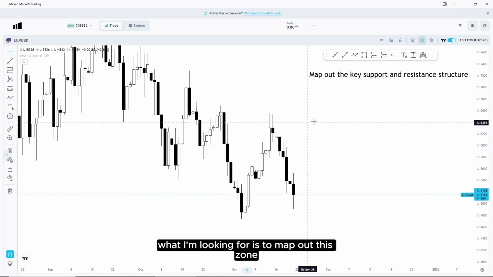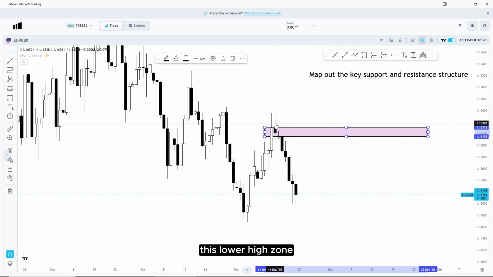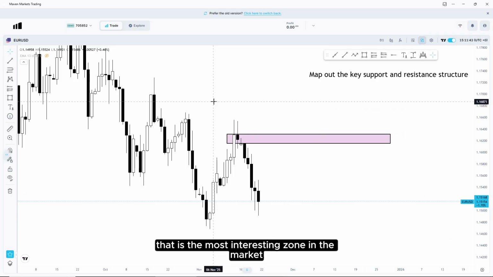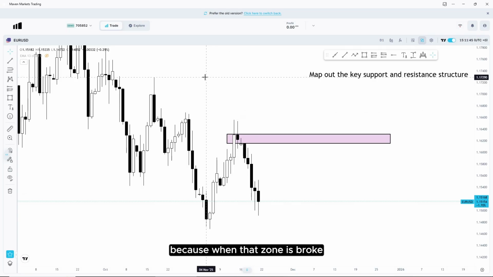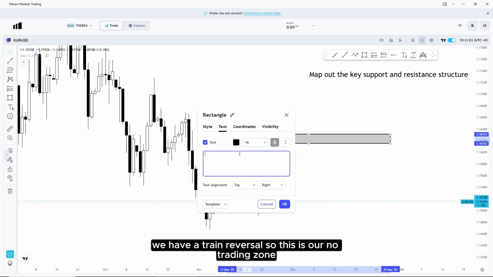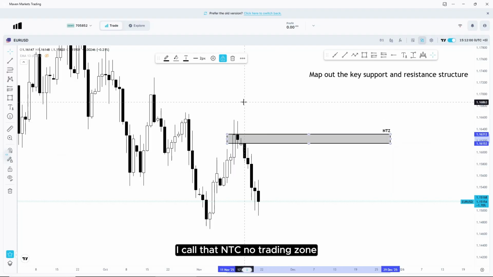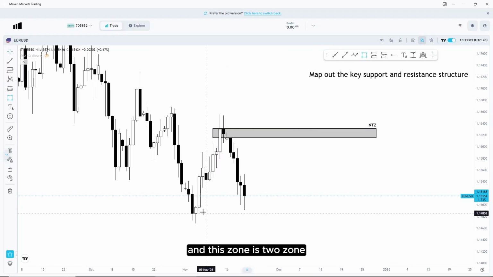What I'm looking for is to map out this zone, this lower high zone. That is the most interesting zone in the market, because when that zone is broken, then we have a trend reversal. So this is our no trading zone. I call that NTZ, no trading zone. And this is 2 zones.